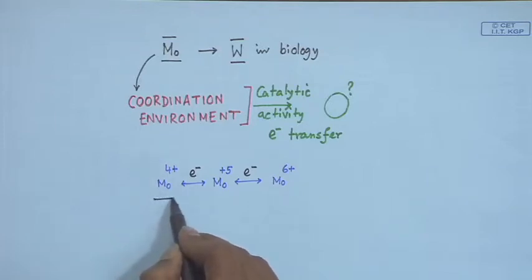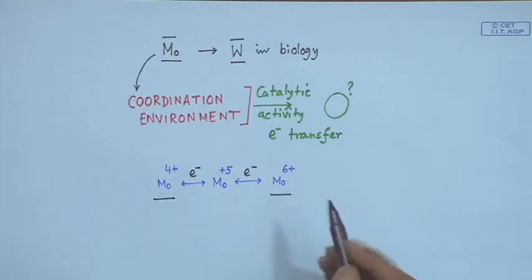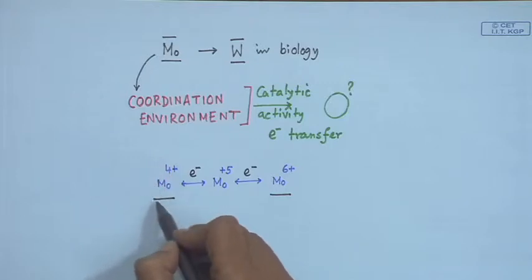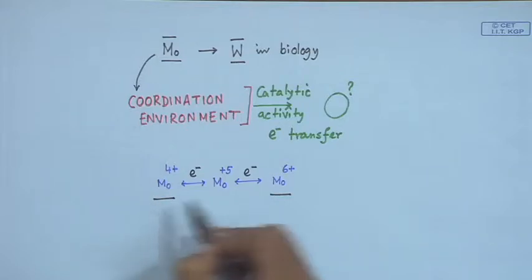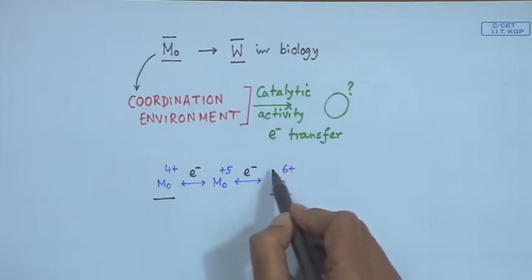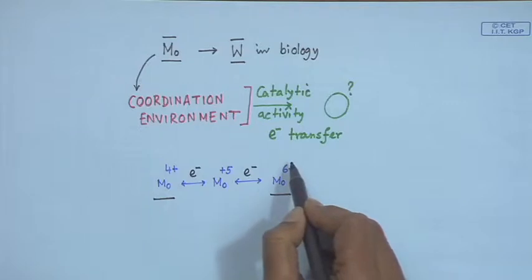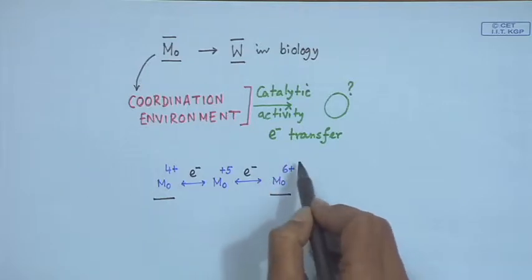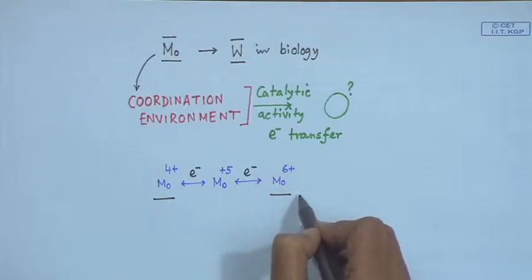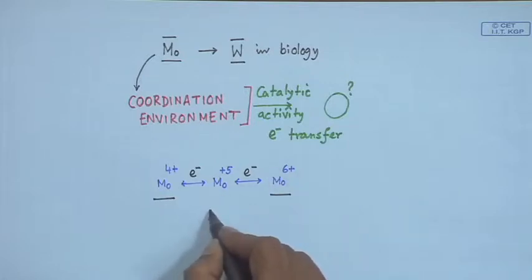It is not only that the available donor groups can stabilize this center in +4 oxidation state, but also in the hexavalent state other groups interfere and can stabilize the center in +6 oxidation state.